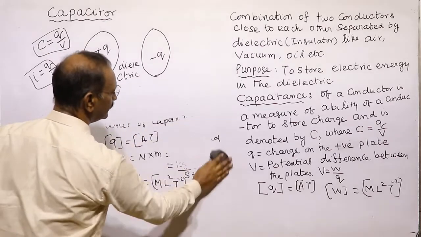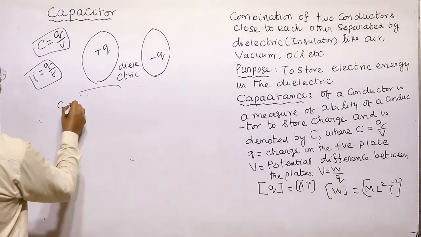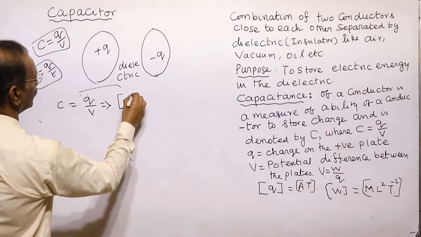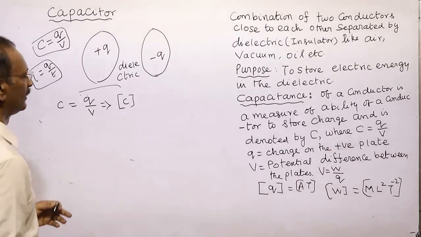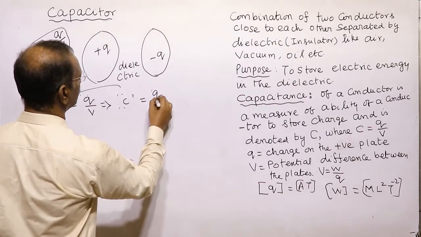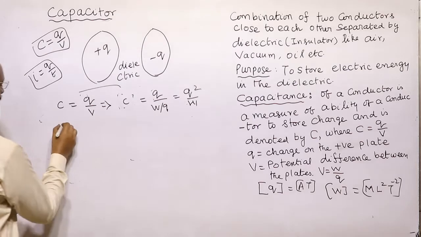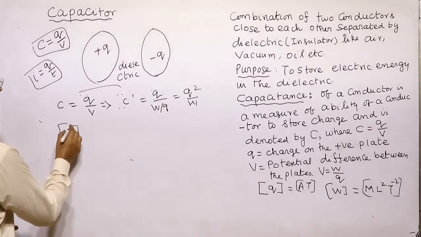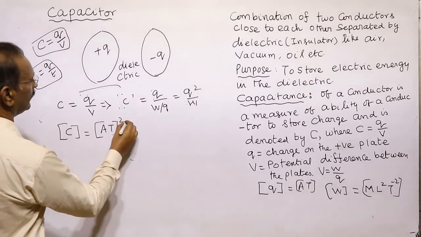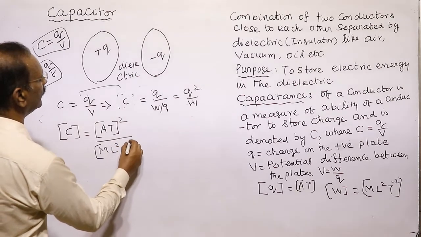So capacitance is equal to charge by potential difference, which is equal to Q square by W. Therefore the dimension of capacitance is Q square divided by W, where Q is equal to A T and W is equal to M L square T power minus 2.